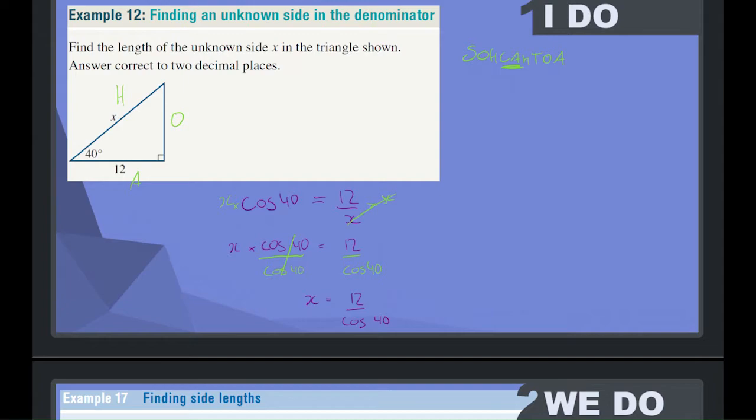Now, I want you to notice what has changed between this line and the first line. The only thing that's changed is the x and the cos 40 have changed places. Let me write both of these things next to each other. We started off with this.